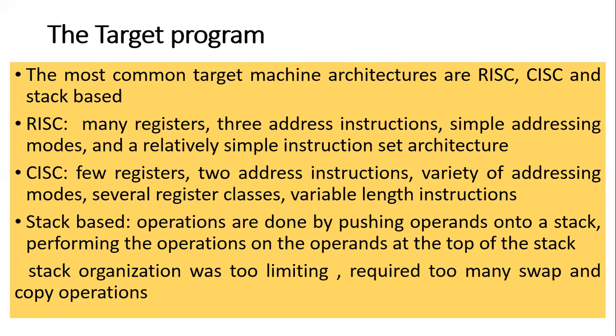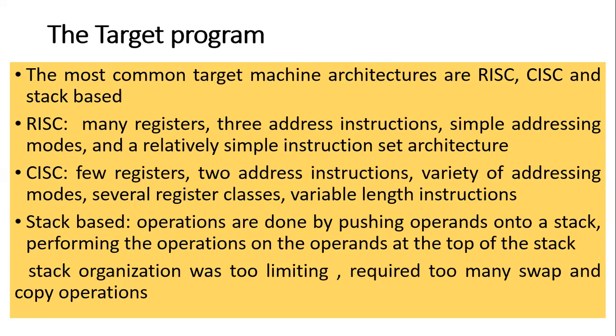If we are considering RISC, it contains many registers, three address instructions, simple addressing modes, and a relatively simple instruction set architecture. That is what RISC indicates. And CISC is a complex architecture. That means only a few registers and two address instructions, a variety of addressing modes, several register classes, variable length instructions like that in CISC.